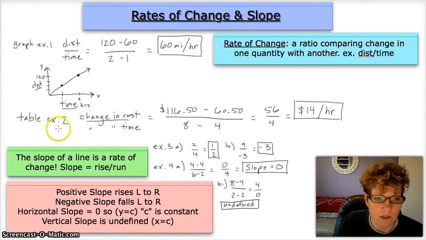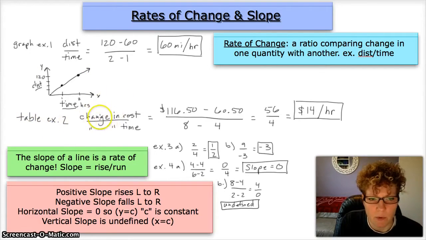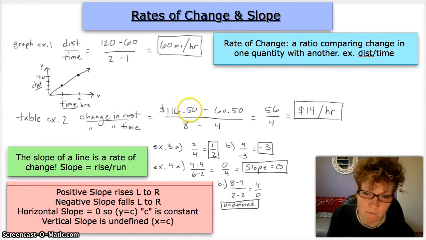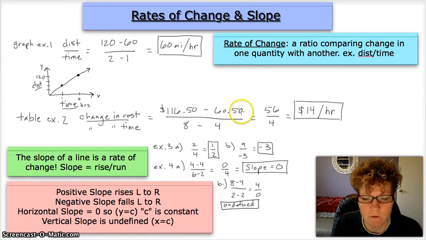Okay, the table for example number 2 has an example for the change in cost over the change in time. Sometimes things get cheaper or more expensive over time. In this case, I'm going to take $116.50, subtract $60.50, which was from the previous amount.